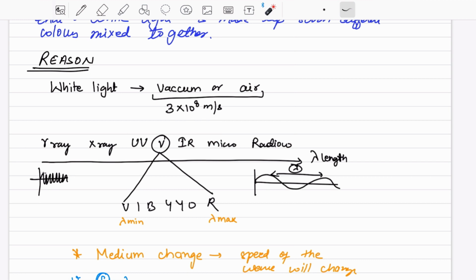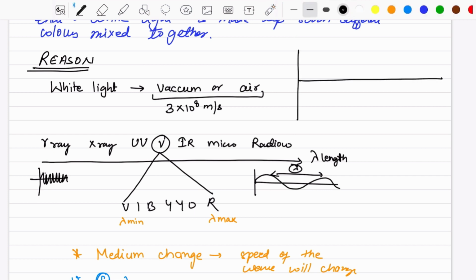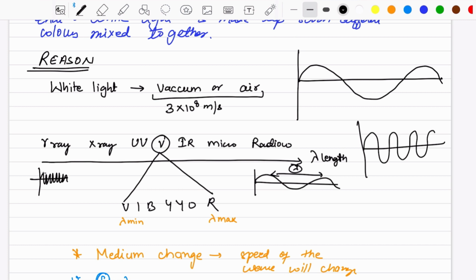There is one more thing, that as we go from gamma rays to radio waves, the wavelength is increasing. Now what is wavelength? Okay, if this is the graph of a wave, a propagation graph of a wave, you will see that there are 2 kinds of waves running here, one wave and a second wave.